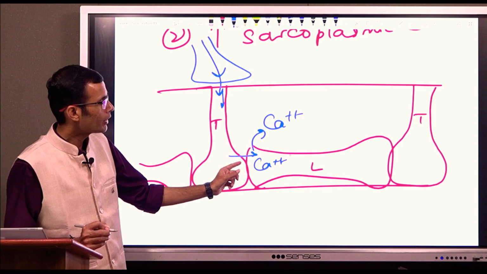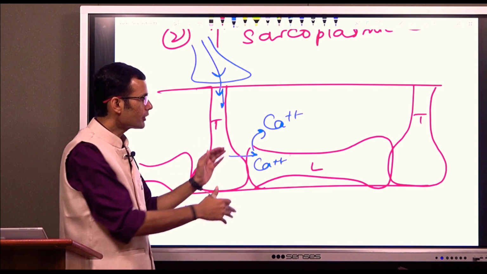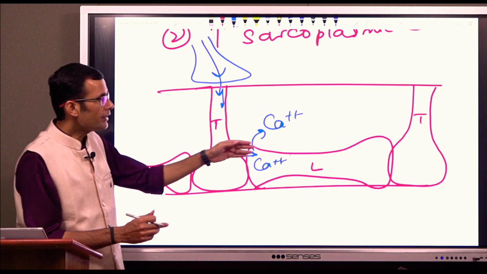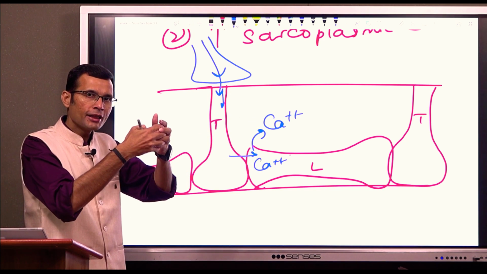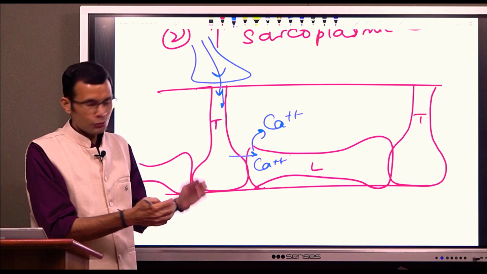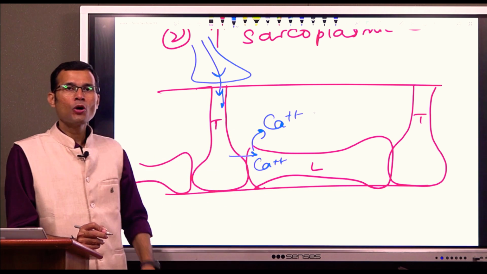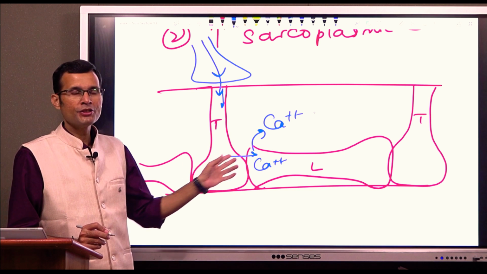It's inside these tubules, and it will be released into the sarcoplasm. Now, behind these tubules, there are those thin and thick filaments. So this calcium will combine with troponin C on the thin filament, and that will initiate the contraction.